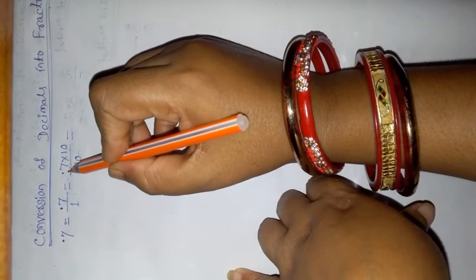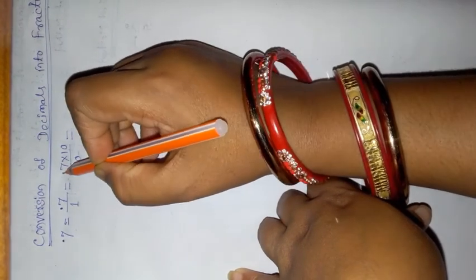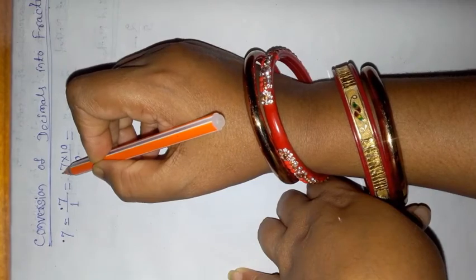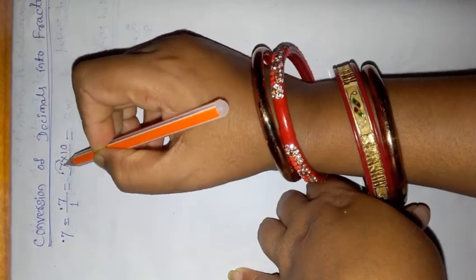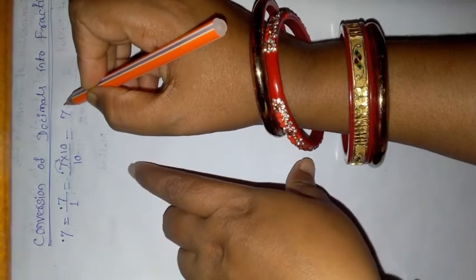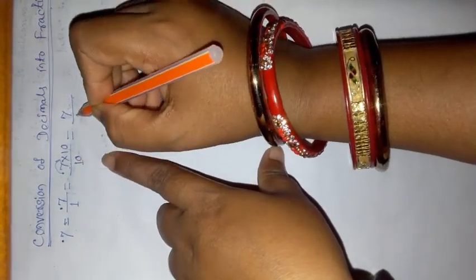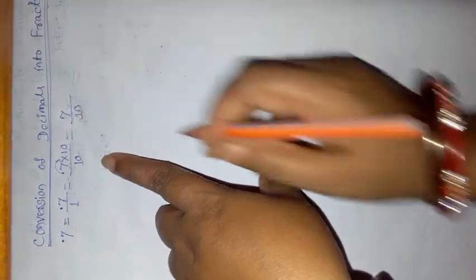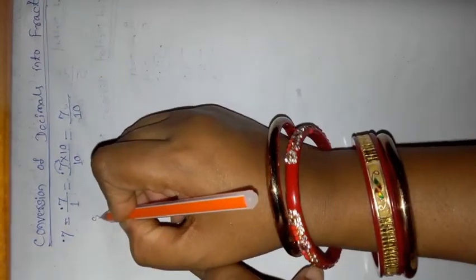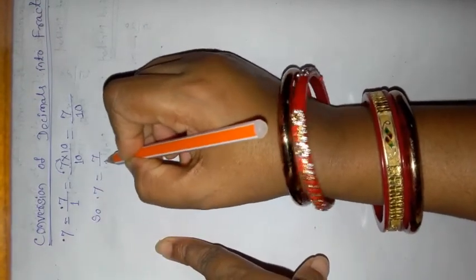So, if we shift the decimal point one place to the right, then it is 7. Then write down 10 in the denominator. So 0.7 equal to 7 by 10.